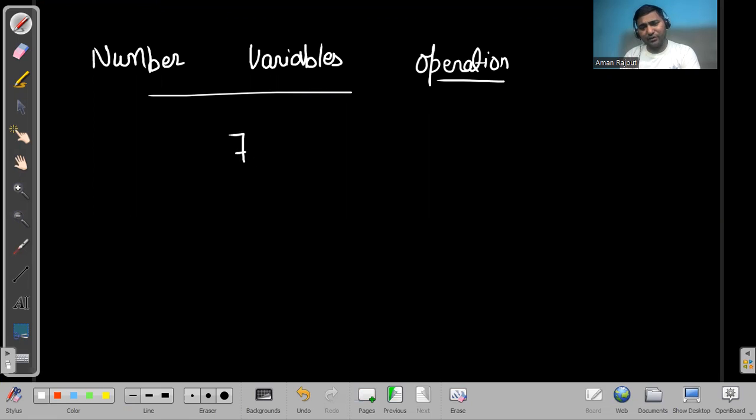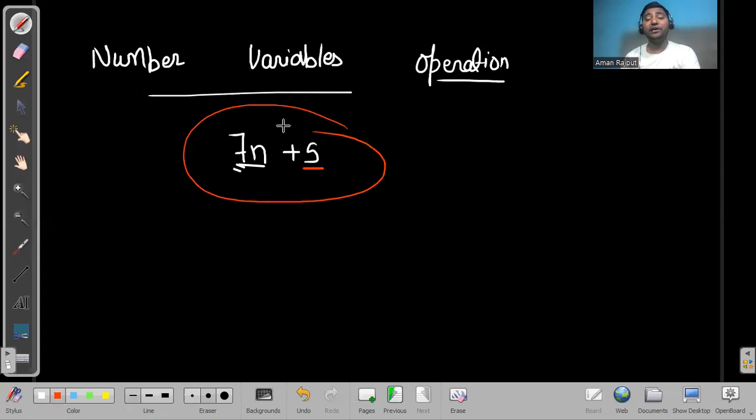I'm writing an expression: 7n plus 5. Here is a number with a letter, 7n, and again we have another number, 5, and these two are separated by an operational symbol, which is addition.